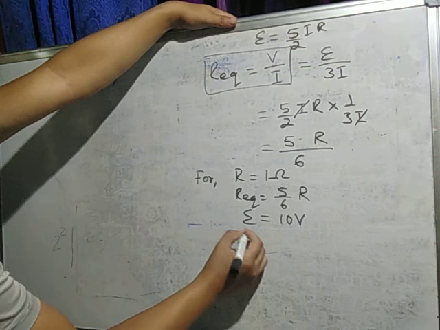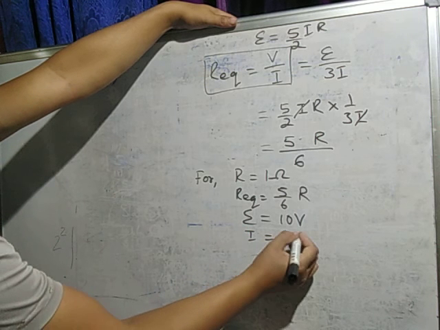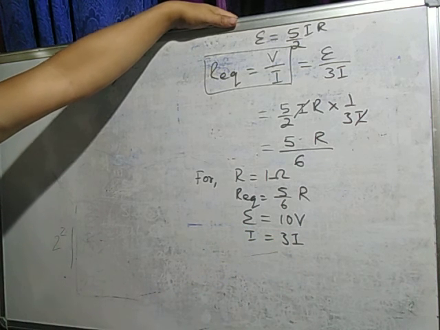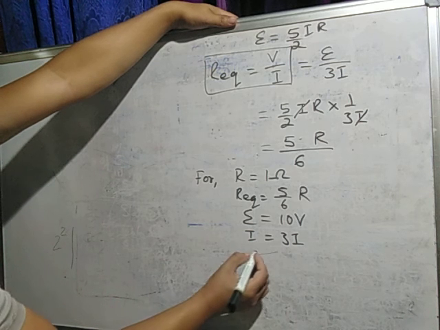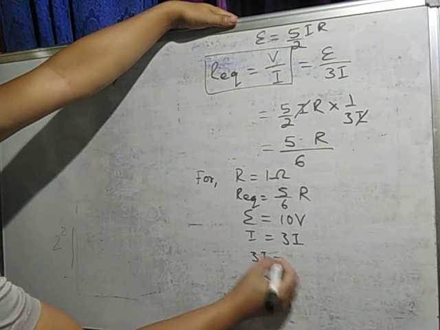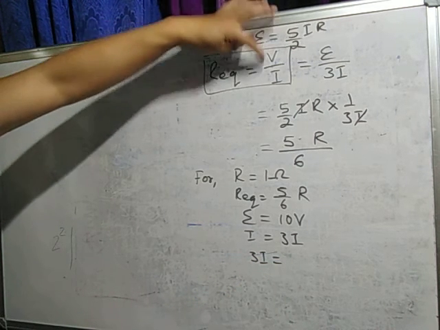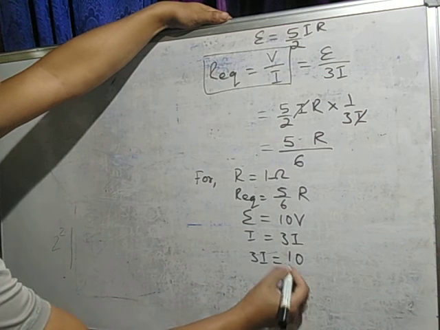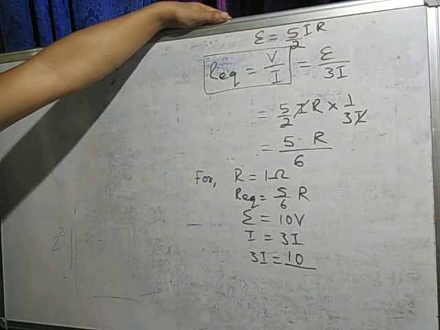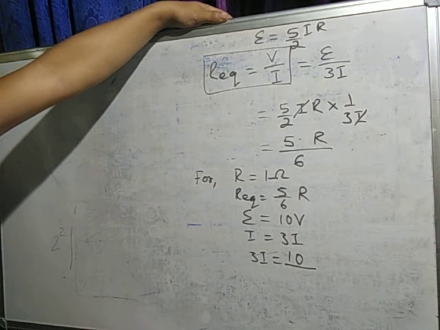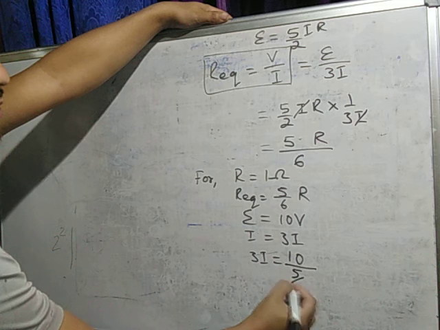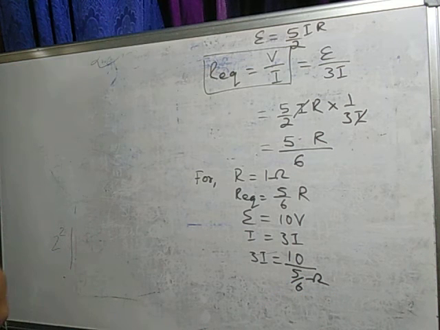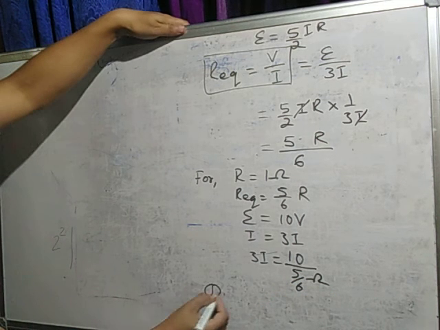Total current I equals 3I. So find I, isn't it? So 3I equals how much? V by I, isn't it? So V how much? 10 by what? R, 5 by 6 ohm, isn't it? Clear? So here, now calculate.